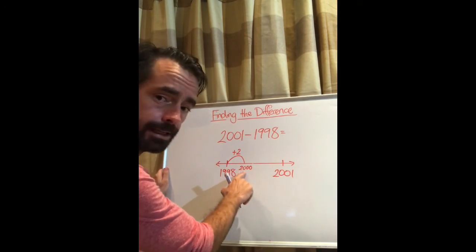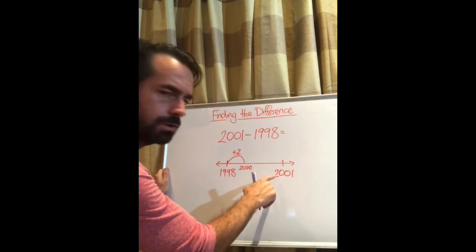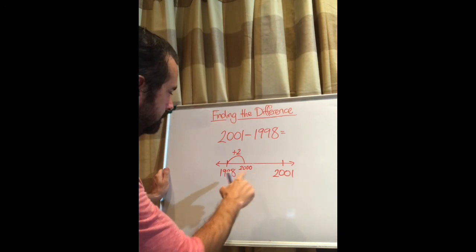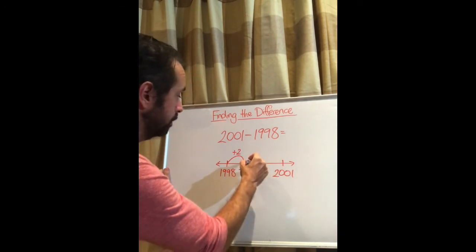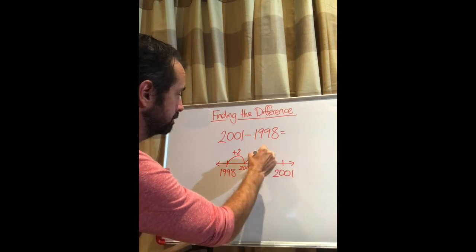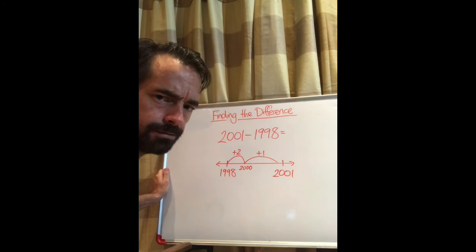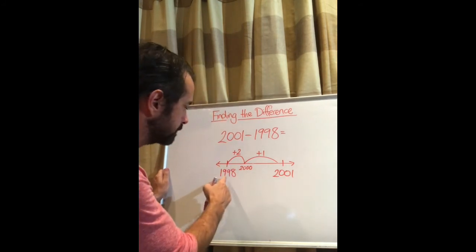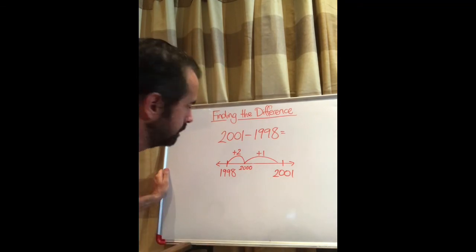So now I need to get from 2,000 all the way to 2001. Surely, yeah. All I have to do is add 1.